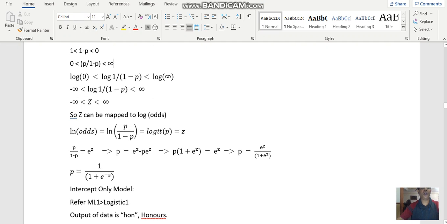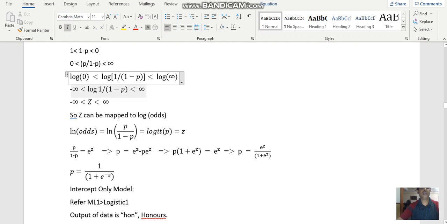Now let us take the logarithm across this term. In other words, the log of the odds ratio would range between log 0 and log infinity.